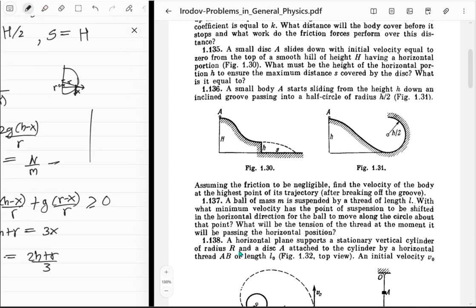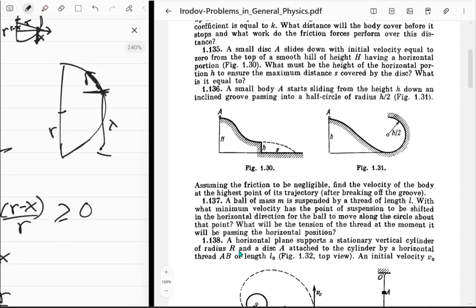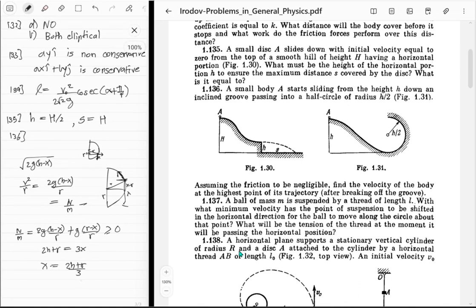Once again, let's just draw that figure. At some certain x, it's going like this. This is the velocity. We just want this component of it. So we've got r. This thing is x minus r, and I believe this to be... Oh, it actually is less than r, I think.